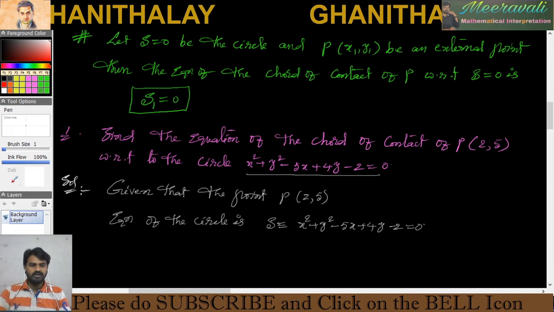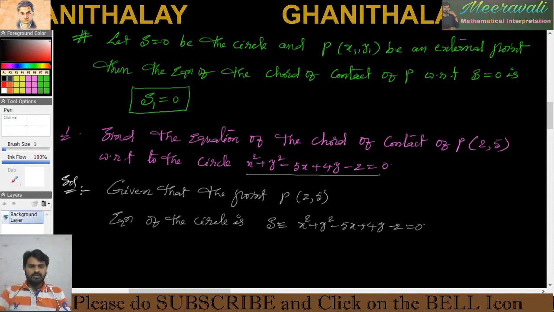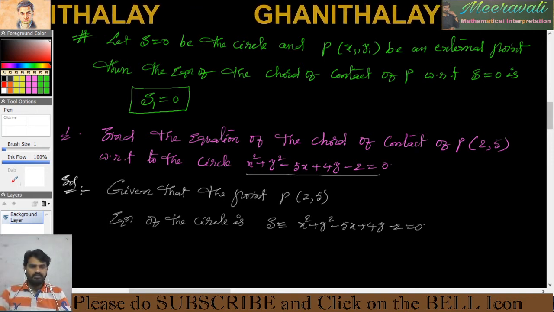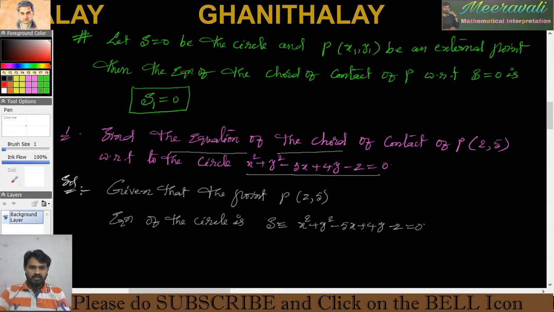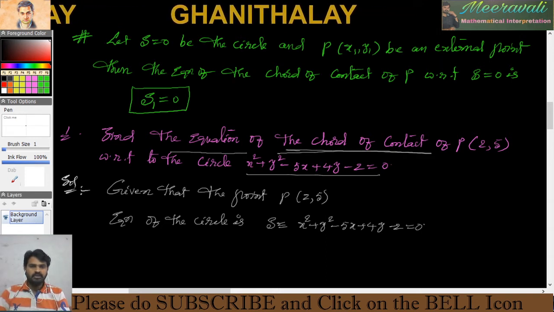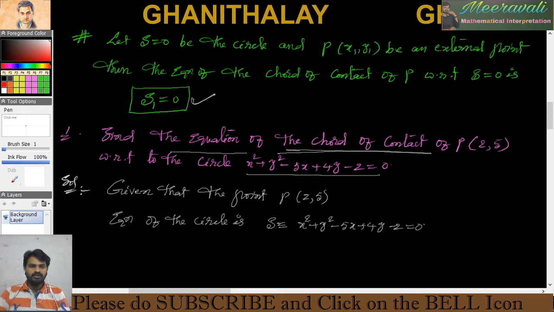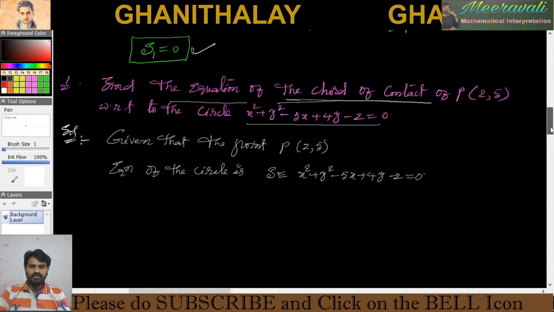First we take what is given. After taking the given point, what do we have to find? The equation of the chord of contact. What is the formula for the chord of contact? I have already told you.